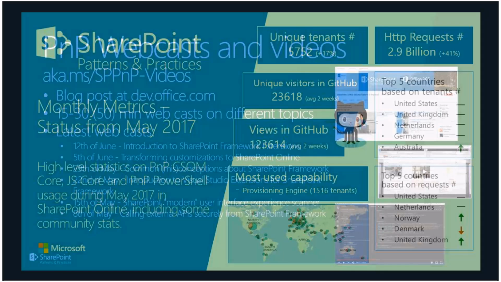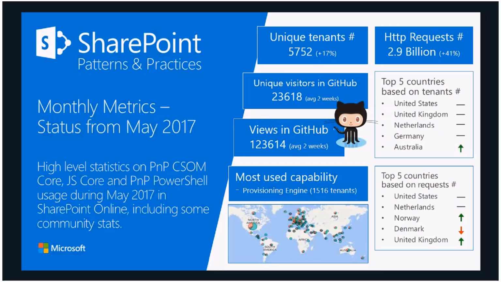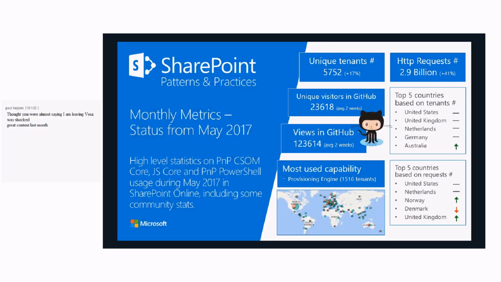Now, on the May metrics, I'll be relatively fast on this as well, like I always try to be. In May 2017, we had quite significant growth again on PnP component usage. Our unique tenants using PnP PowerShell or PnP CSOM Core went up 17% to 5,752.